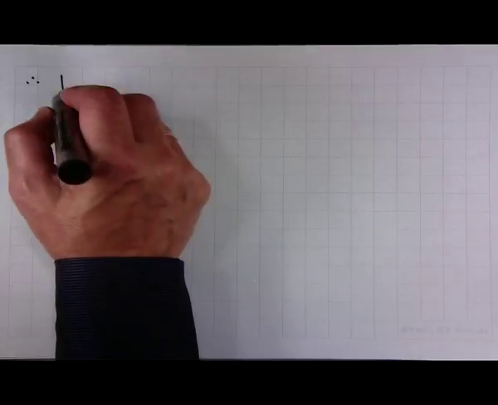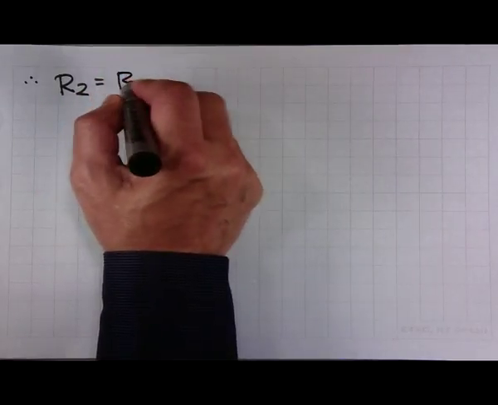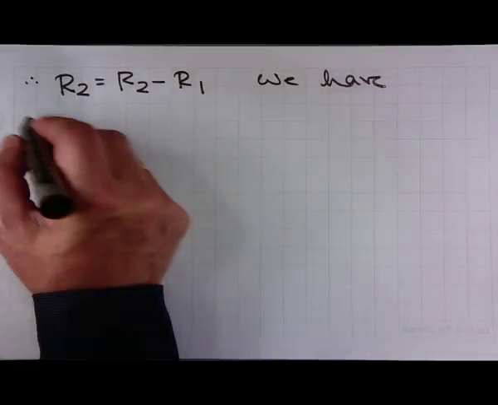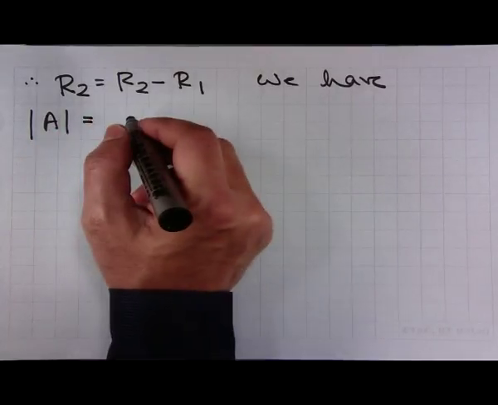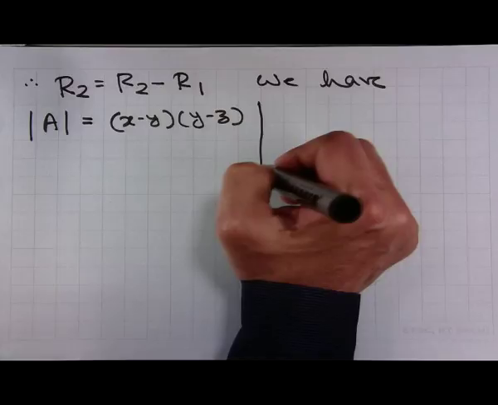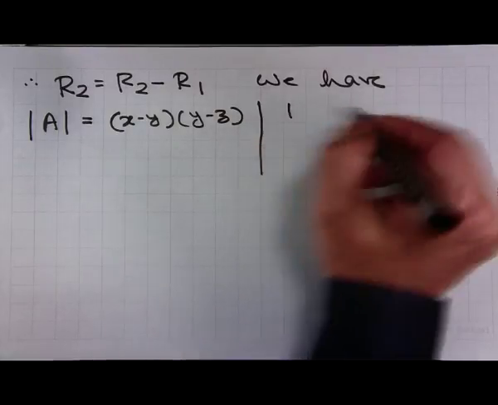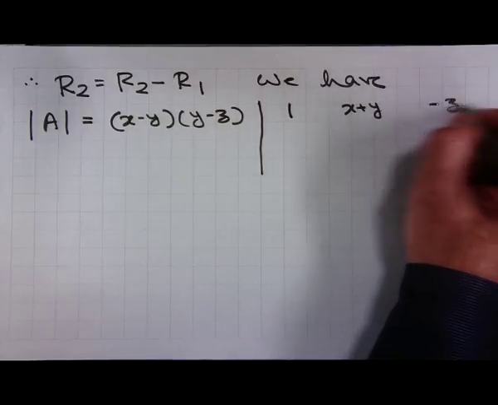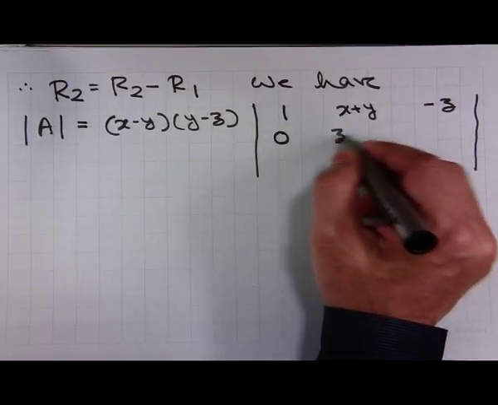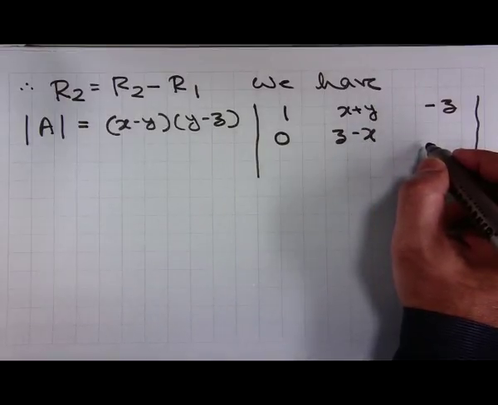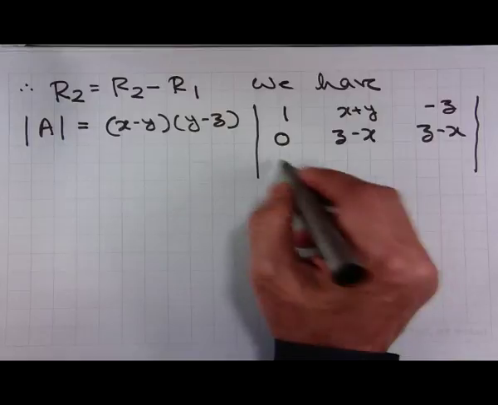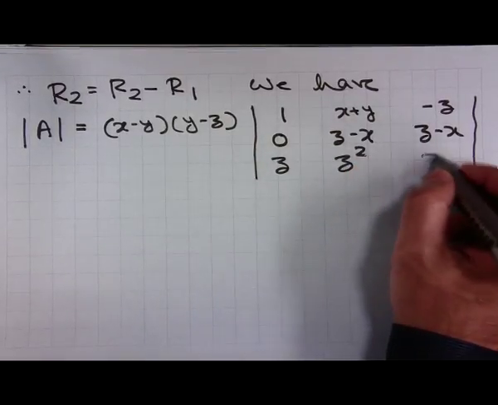Therefore, again doing R2 is equal to R2 minus R1, we have determinant of A is equal to x minus y into y minus z into determinant of 1 x plus y minus z, 0, z minus x, z minus x and z square xy.